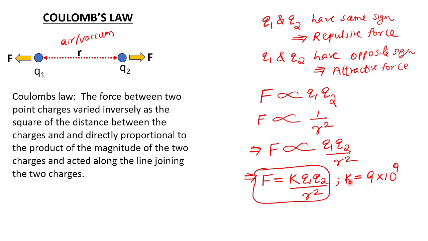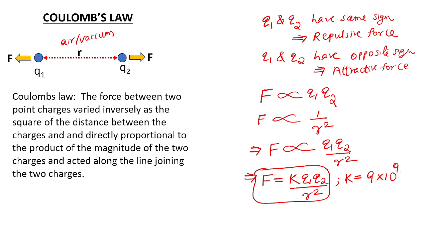And later, this k is written in another format. You will understand the meaning of that when you learn Gauss's law. For the time being, please note that the constant k is sometimes written in another form. But when we do the problems, we will use only this value, 9 into 10 raised to 9.